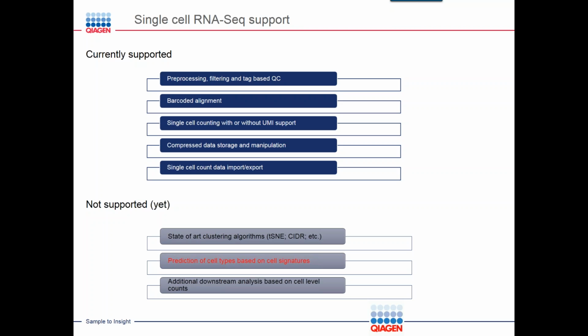When you have a large sparse matrix, that is what our product offers, but it also allows users to import and export if you already have another pipeline that generates this single-cell count data.